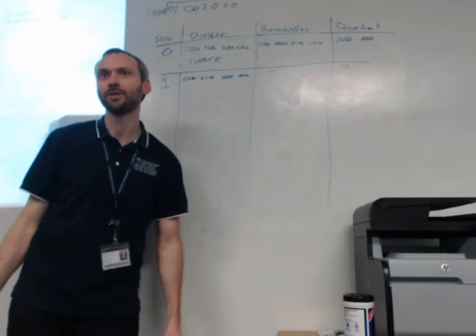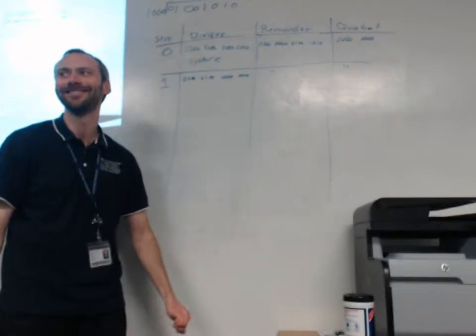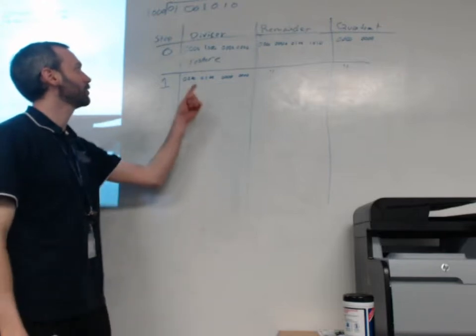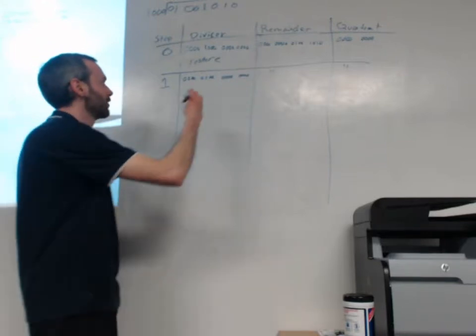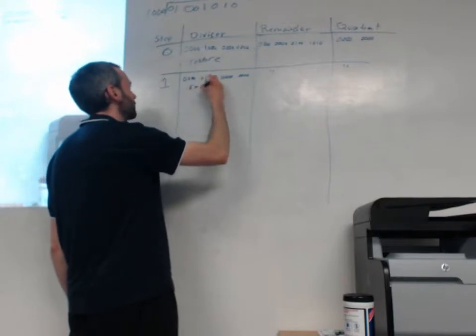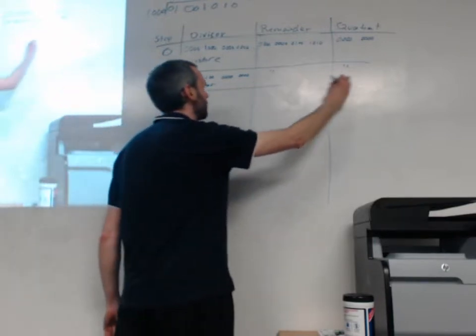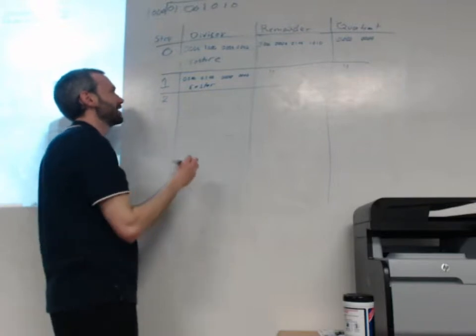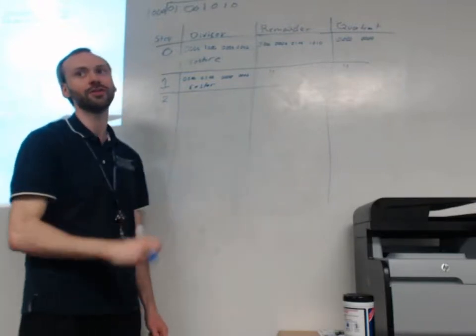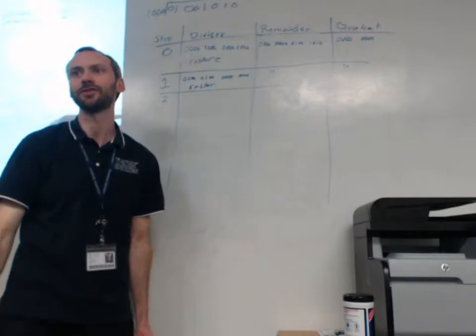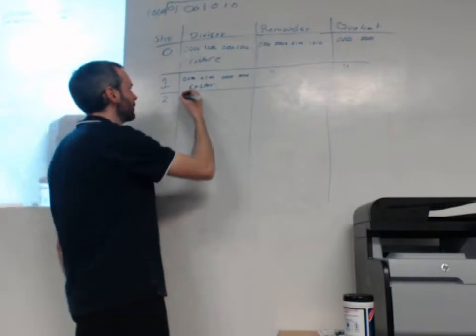You can use those little ticker quotes. All right, if I were to subtract the divisor from the remainder, would I get a negative number? All right, let's write the word restore. On step 2, what gets shifted? The divisor. Keep in mind the quotient gets shifted, but when you shift all zeros, it doesn't matter.